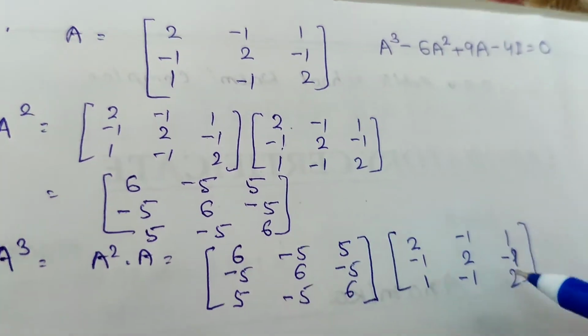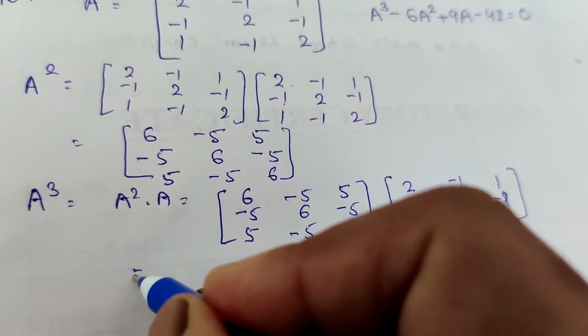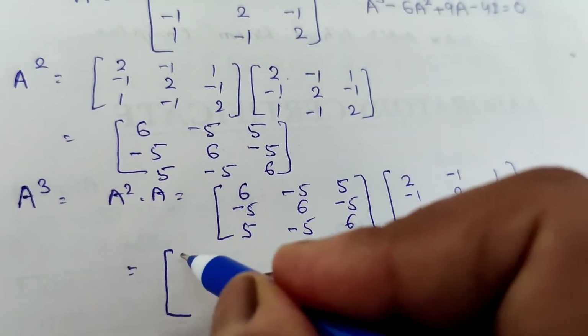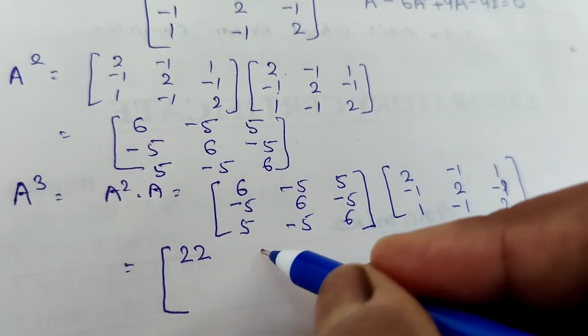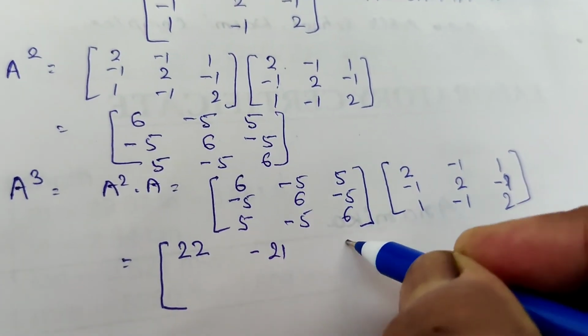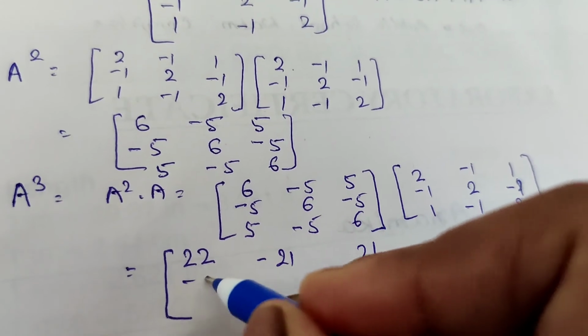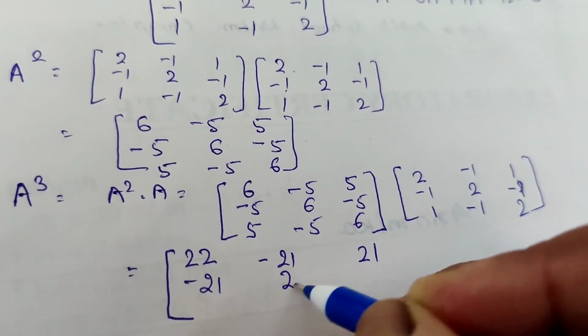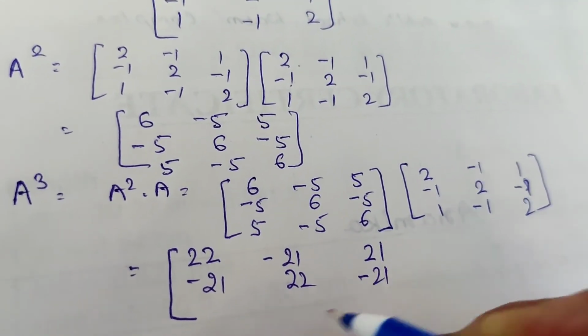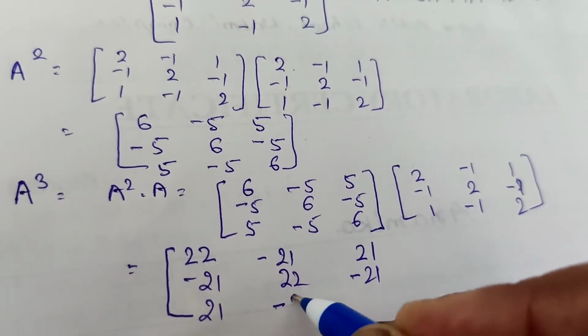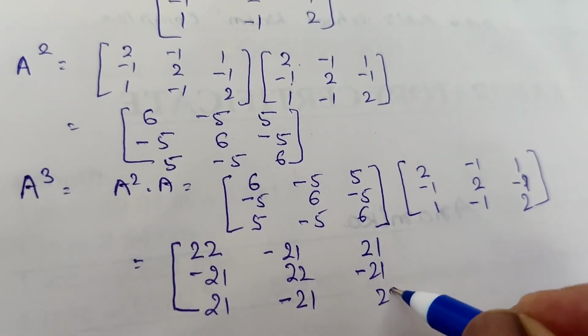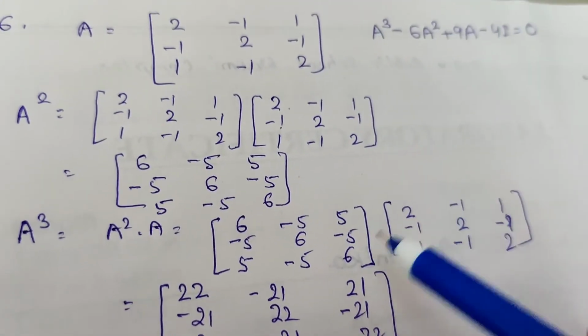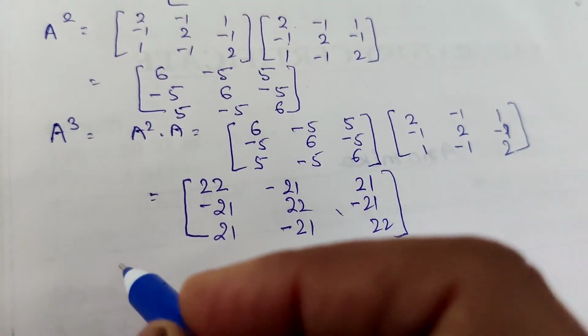Now multiply and get the values. I have already solved: 22, minus 21, 21, minus 21, 22, minus 21, 21, minus 21 and 22. Now put the values in this equation.